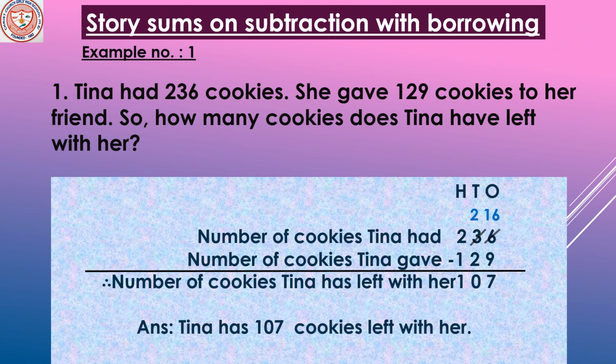Then try to understand what you have to do. It means what operation you have to apply on this story sum: addition or subtraction or any other operation. And then you have to follow the steps.